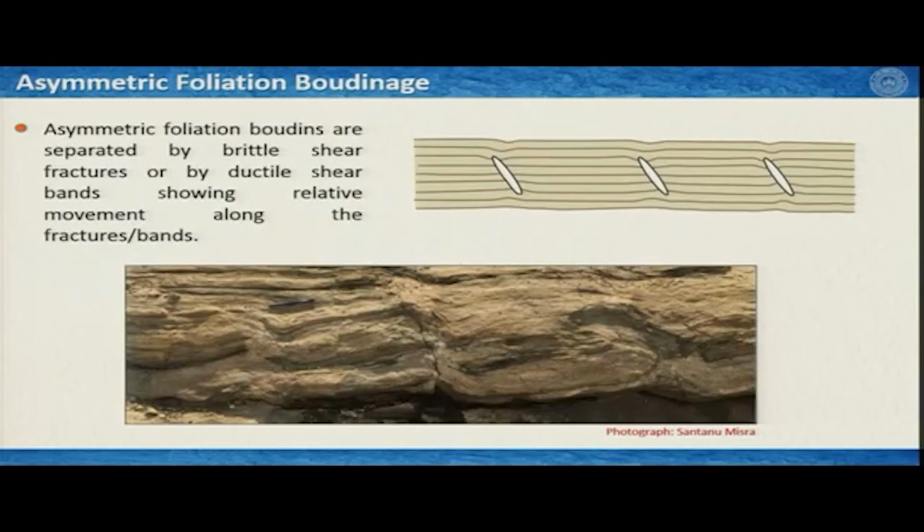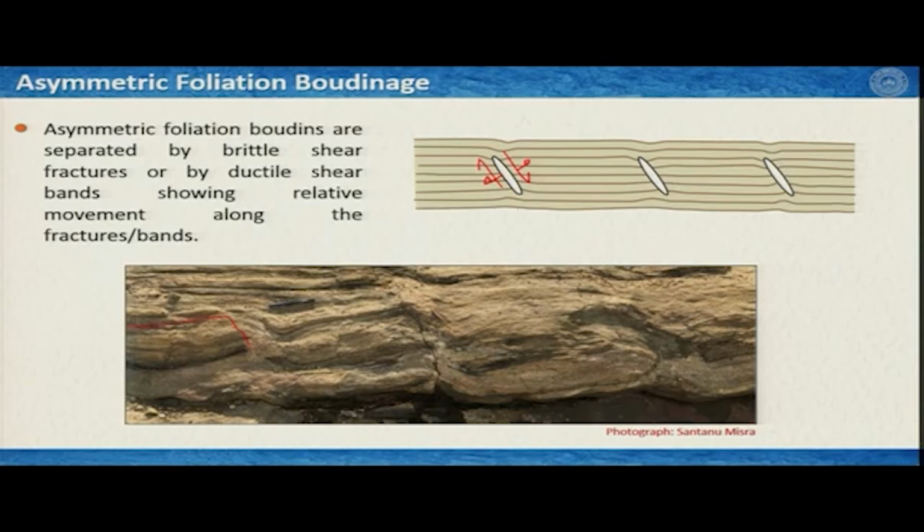However, asymmetric foliation Boudins are separated by brittle shear fractures or by ductile shear bands, showing a relative displacement along the fracture or bands. As you can see here, it had a tensile fracture at one point of time, but after that it has a sense of displacement along the fracture zone, and this is an excellent example, as you can see here.